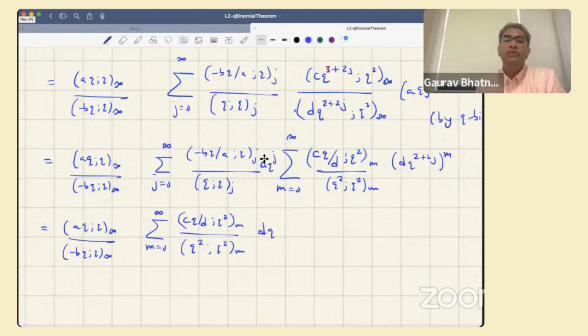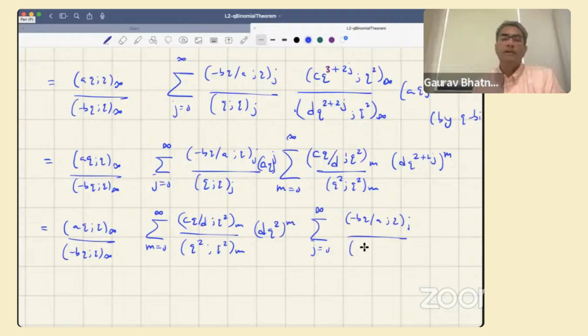This was a q to the j here. d q square m, summation, j going from 0 to infinity, minus bq over a, q sub j, q sub j.